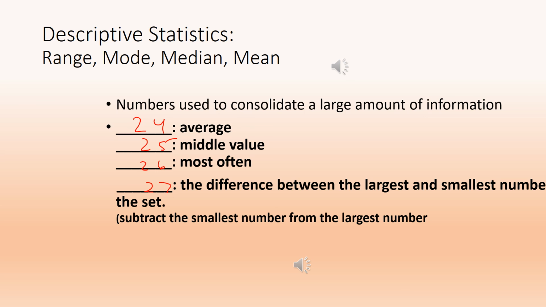What is the most frequent number in the data set? And 27, this is the value you get when you subtract the smallest number from the largest number in the data set. 24, mean. 25, median. 26, mode. And 27, range.